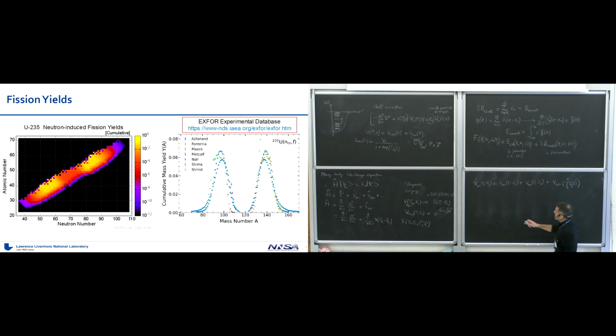And then that's it. Now I could perhaps write down the central part for Skyrme and Gogny, just to mark the difference. No, I'm not going to do it. This would take too long, and then I would have to explain the meaning of everything. So it would be a waste of time.